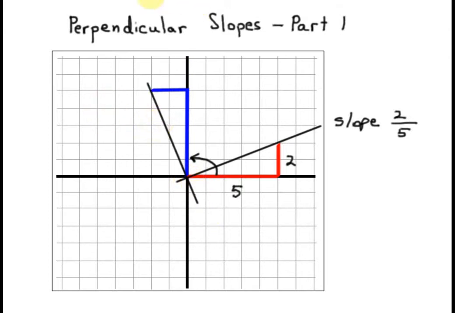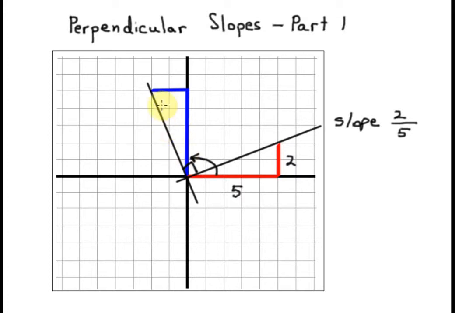This line here would be 90 degrees or perpendicular to its original location. And that's because we've taken this horizontal line and made it vertical, and this vertical line and made it horizontal. So we've taken this little L shape and rotated it 90 degrees to the left.